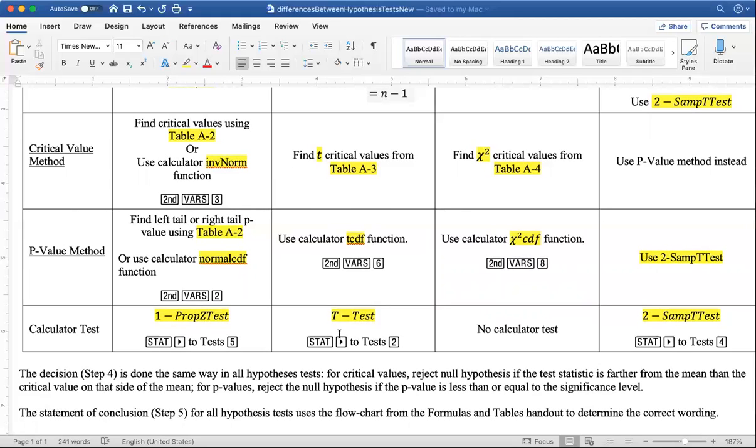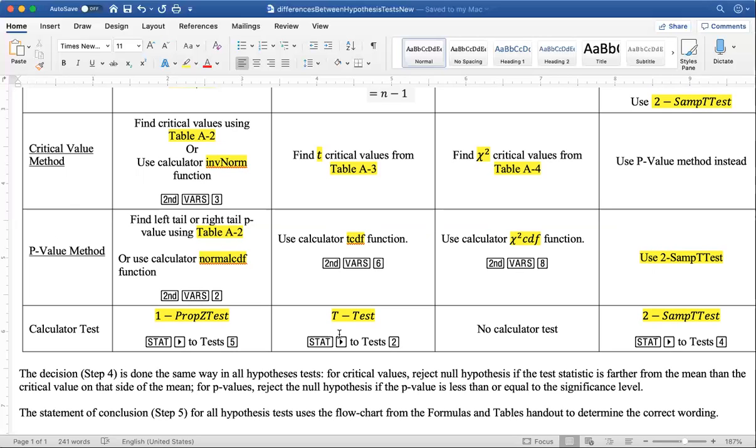And then you would put in the assumed value for the parameter p by looking at H0. And you would put in the information from the sample, and then you would identify what the relationship was in the alternate hypothesis.